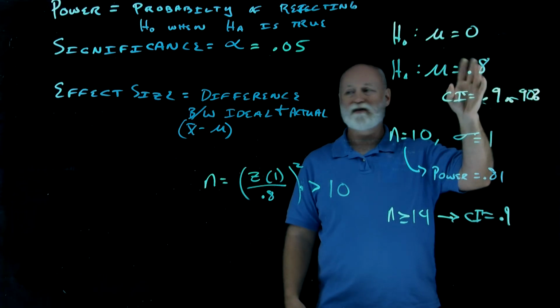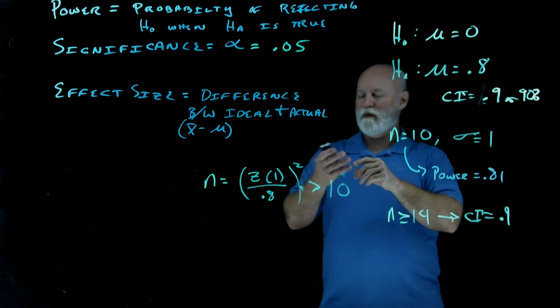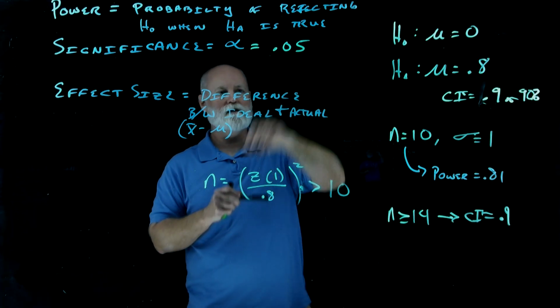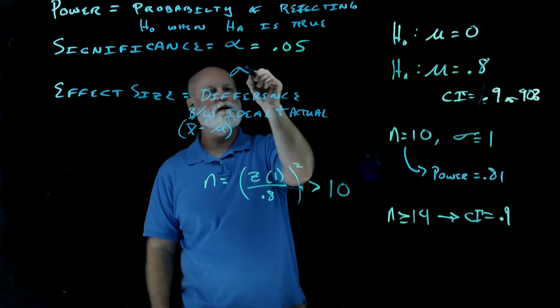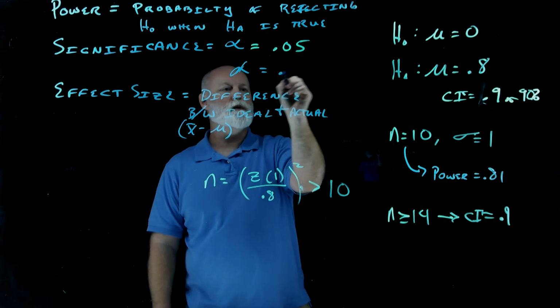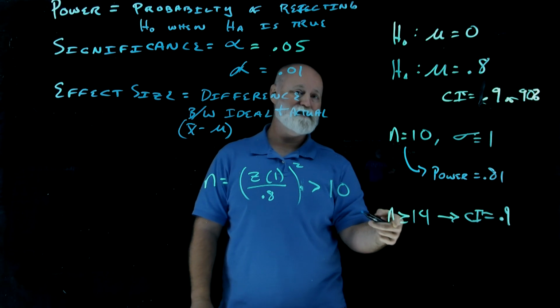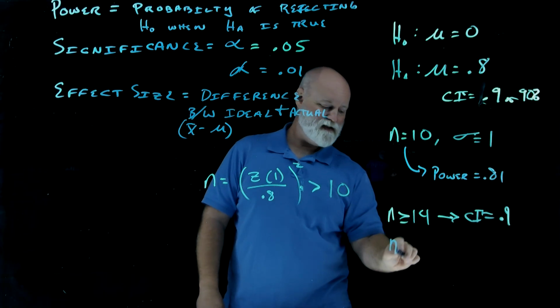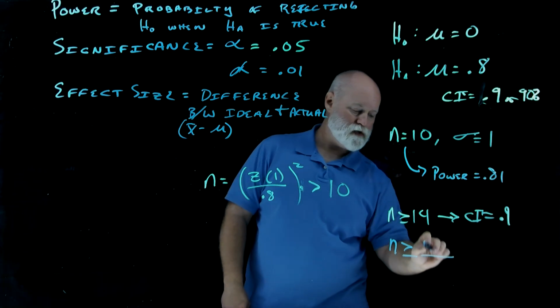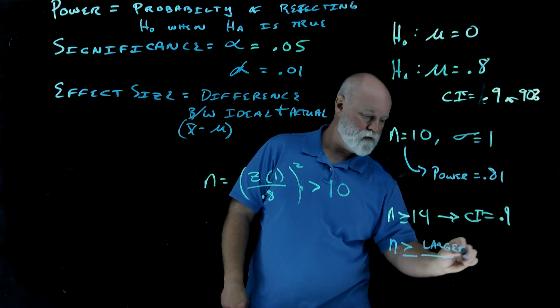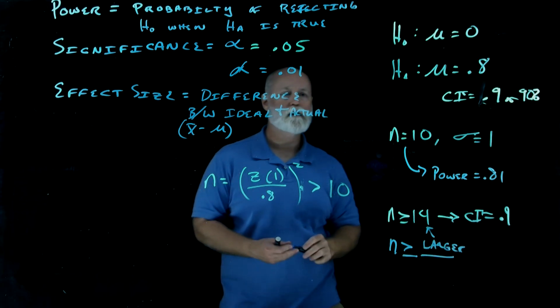And this is another big piece here: if we start to change this, right, if we say that our significance level is 0.01, well, guess what that does to n? N has to be much larger than 14, right? Has to be much larger.